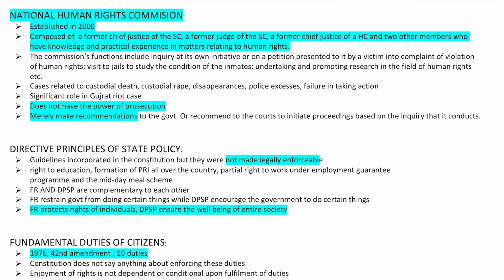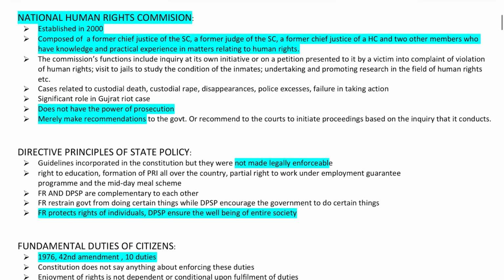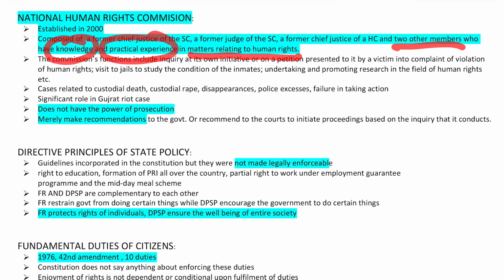Then the National Human Rights Commission. It was established in the year 2000. It is composed of a former Chief Justice of the Supreme Court, a former Judge of the Supreme Court, a former Chief Justice of a High Court, and two other members who have knowledge and practical experience in matters relating to human rights.